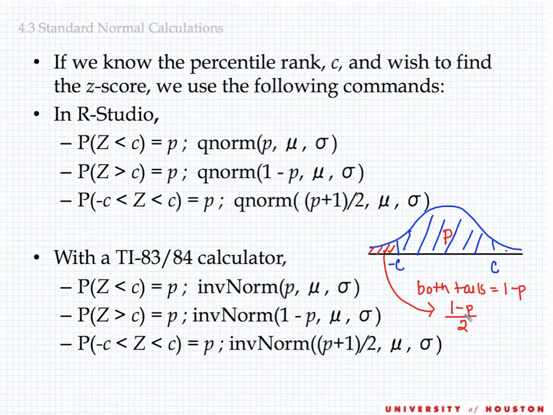So we're going to add this value back to P, and when we get a common denominator and simplify, we're left with P plus 1 over 2. That gives me this entire probability so that I can find my value of C.